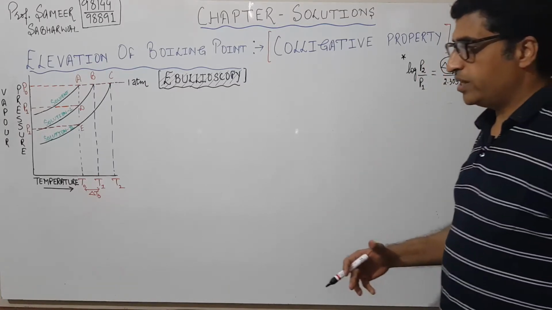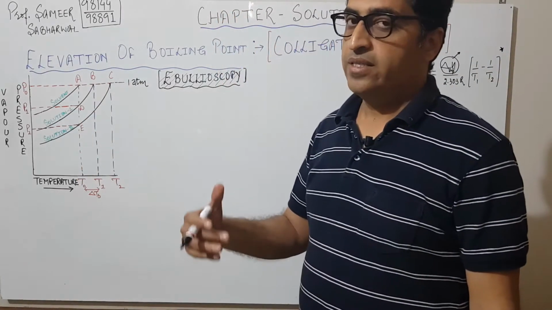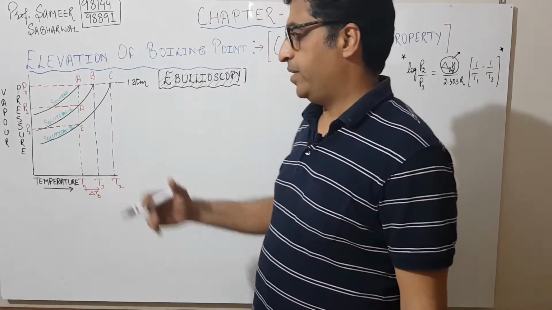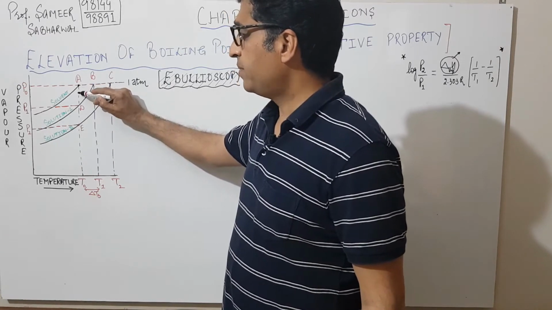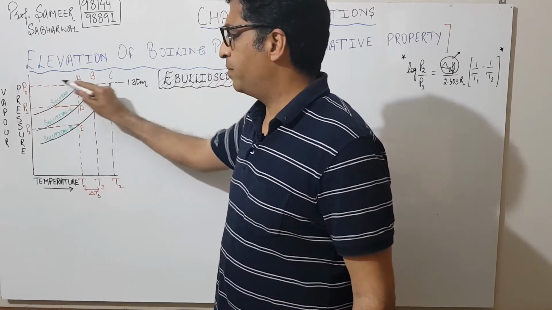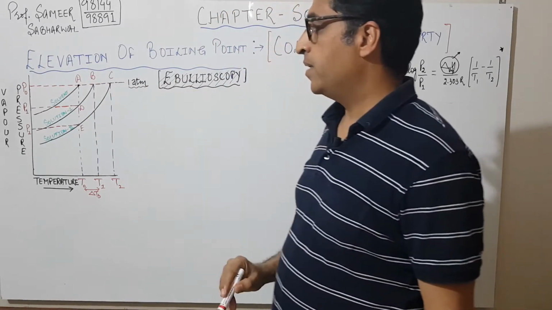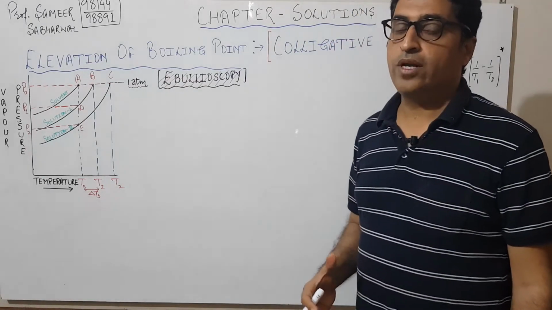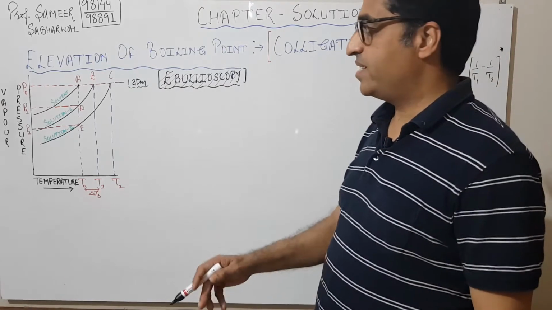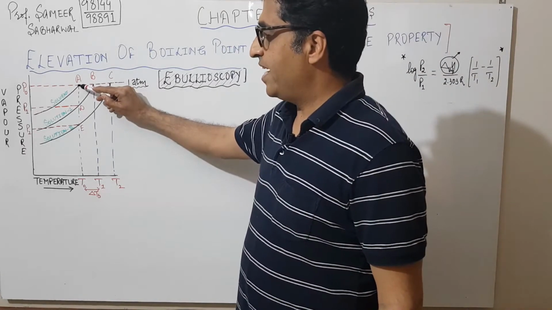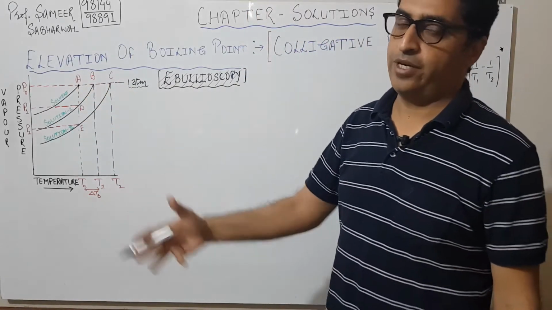So what I want to say is that vapor pressure of liquid rises with the rise of temperature. Now you can see here is a point A, and I have mentioned this pressure to be P naught here, which is actually 1 atmosphere. Now from this part we can explain the boiling point of a solution or a liquid. Boiling point of a liquid is basically a temperature at which vapor pressure of the liquid becomes equal to atmospheric pressure.